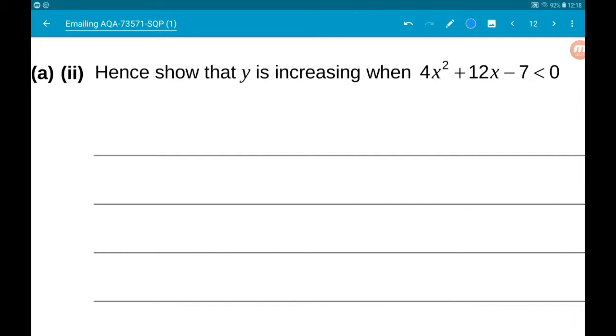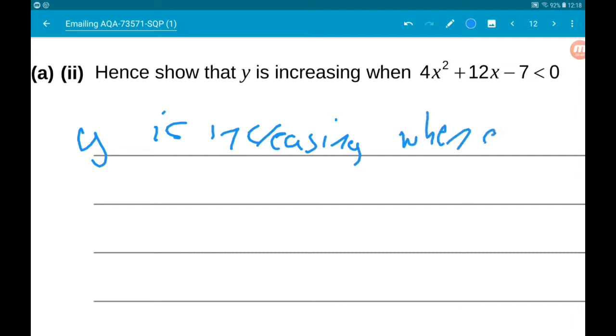So y is increasing when the gradient of y is positive. So when dy by dx is greater than 0.